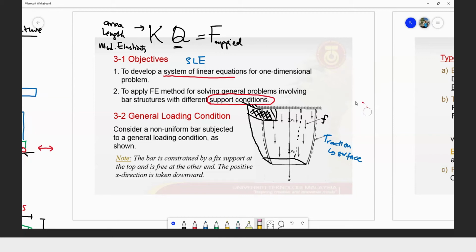Then we can imagine as well, let's say I have a wing, and we blow air around the wing.